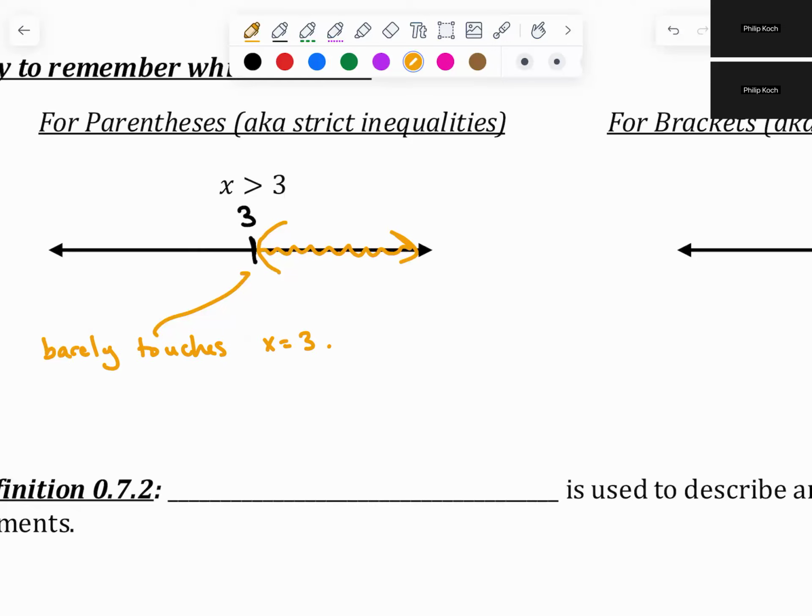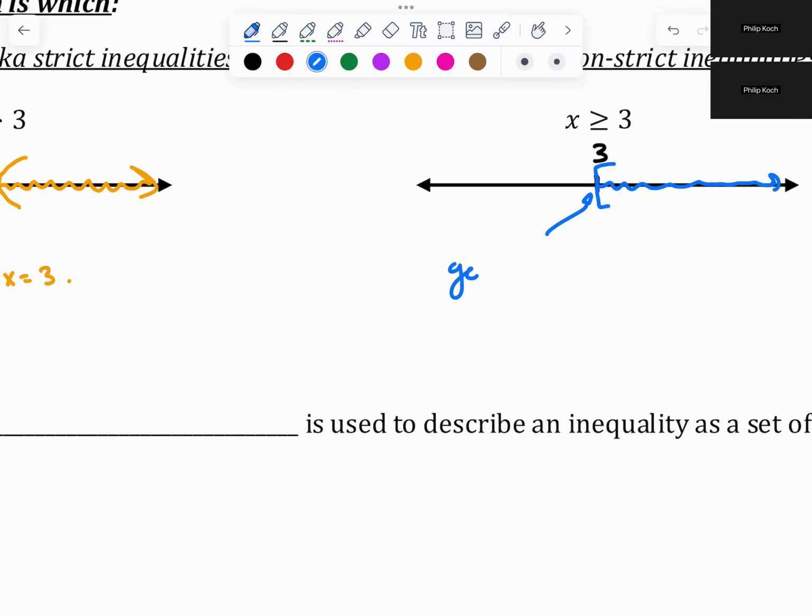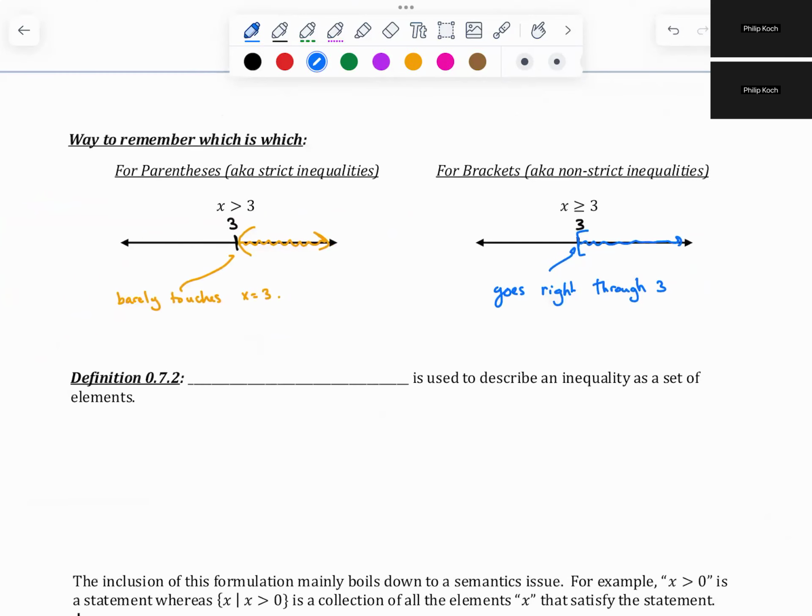Whereas with x greater than or equal to 3, if I were to draw this one, all the numbers to the right of it, it goes right through. So it's included because it goes straight through that dash mark, whereas the parenthesis just touches it and moves on. That's the way I memorized it.